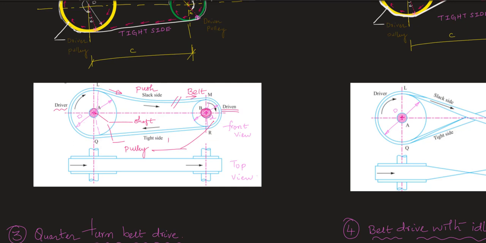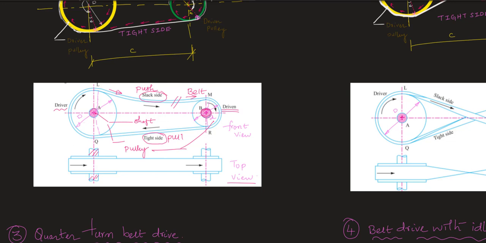So there will be a pushing action here, and a pulling action here, or else I can say push and pull. Due to which one side of the belt will be subjected to a slack side, and one side will be subjected to a tight side. Slack side, tight side.